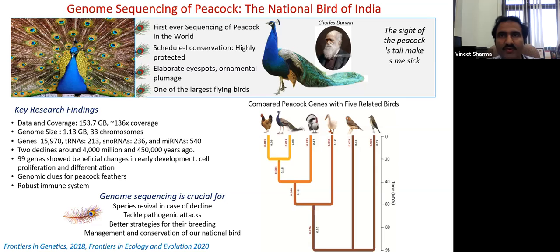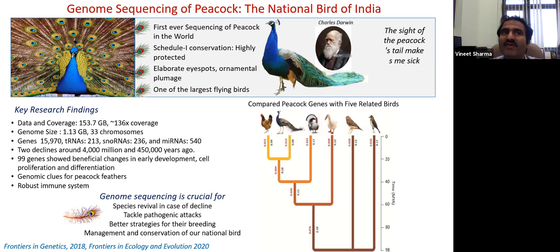feathers of the peacock? So we did the first genome sequencing of the peacock and compared it with other related birds. And we could observe two things. One, we explored the feathers, whether there are some kind of evolutionary features in the feather genes. So we could find a list of genes that are highly evolved in terms of the feathers of the peacock.